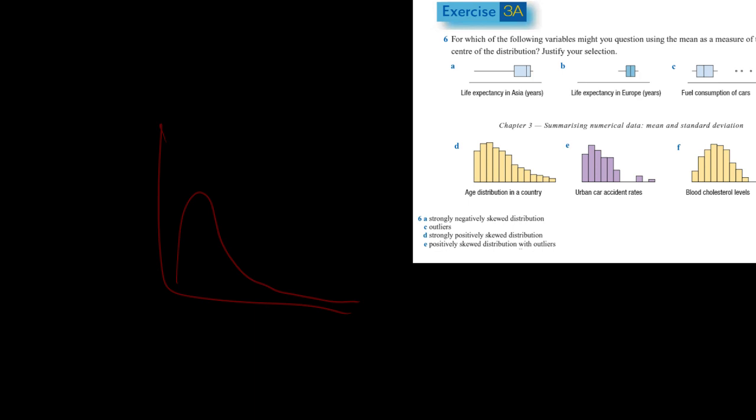So in these exercises, what you're being asked to do is say where you would use the mean. The trick is that it's always going to be something where the average is in the middle. So looking at A first of all, this is life expectancy in Asia in years.